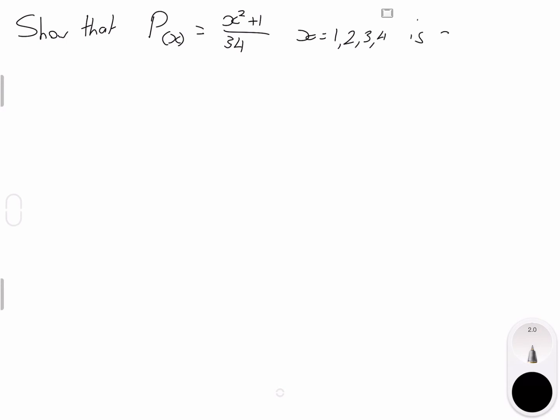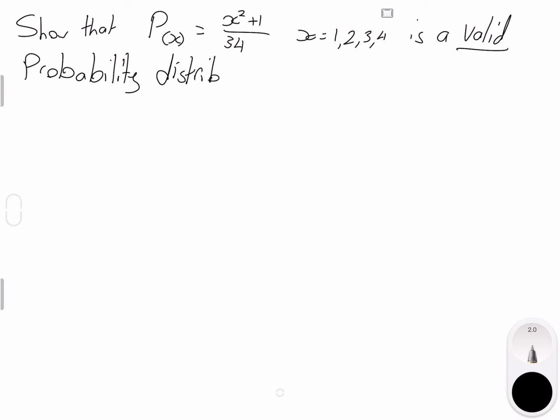Alright, so the example here: show that the following function, for x equal to 1, 2, 3, and 4, is a valid, that's the key word here, probability distribution function.